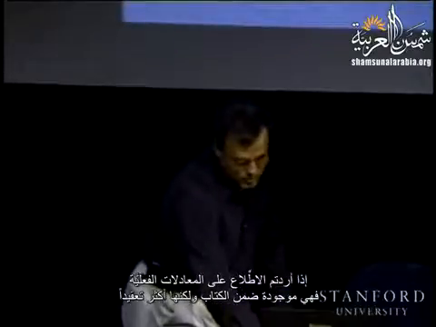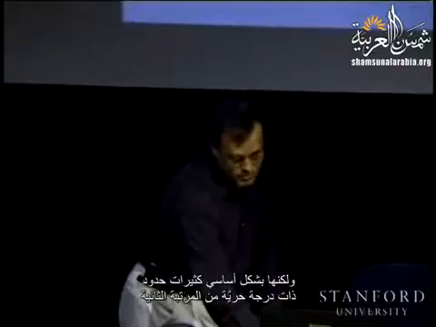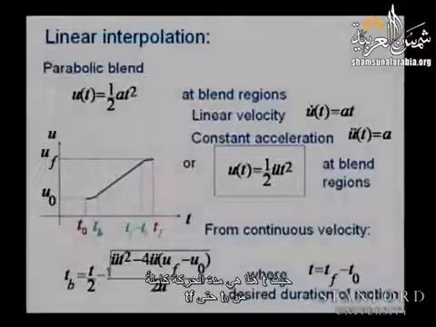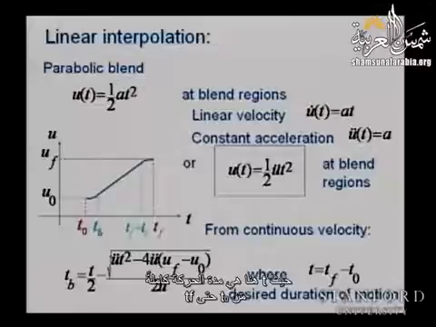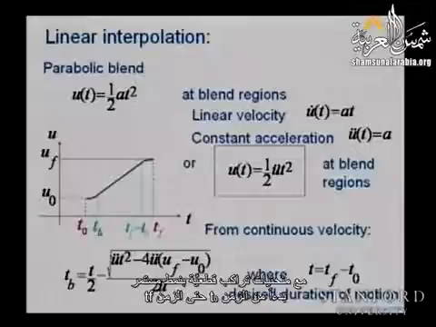They're a little more complicated, but it's basically a second degree polynomial, where t is the duration of the entire motion from t sub 0 to t sub f. So we have the equation for the motion using a straight line with parabolic blends in a continuous fashion from t sub 0 to t sub f.